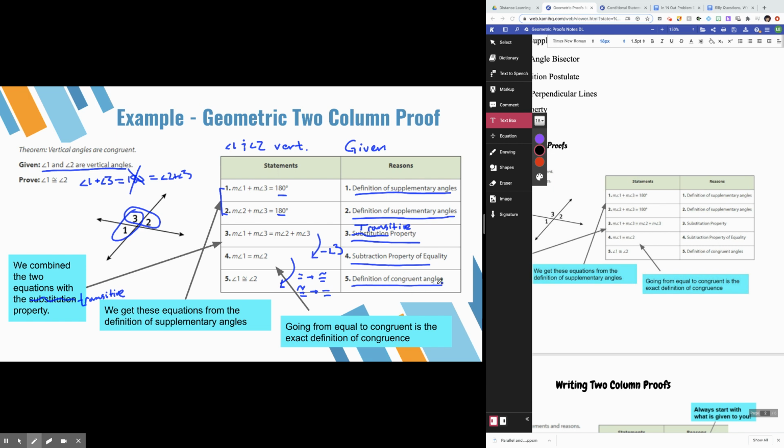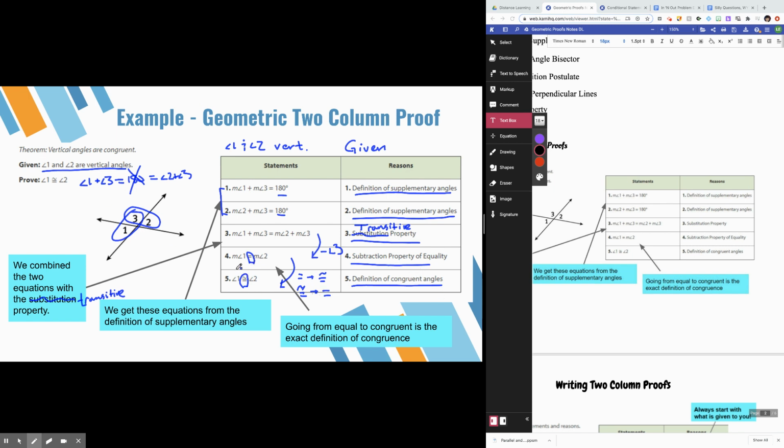Okay, so you don't have to say congruent angles, you could just say definition of congruence. So the only difference between step 4 and step 5 is the equal sign versus the congruent sign right there. Okay, so whenever you see that, that's definition of congruence.